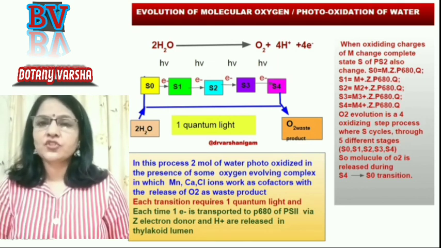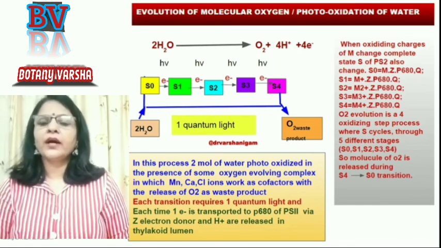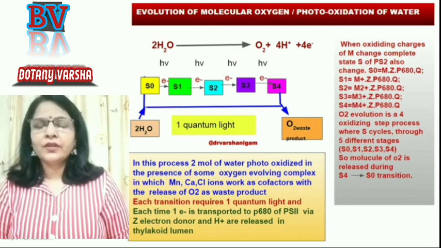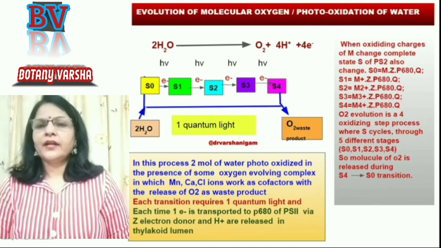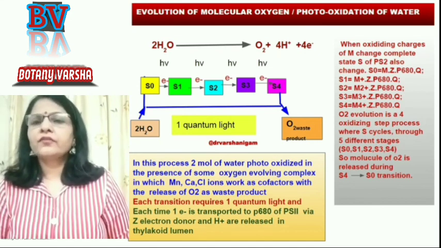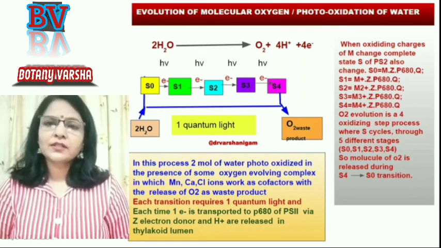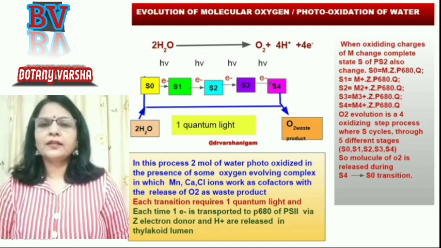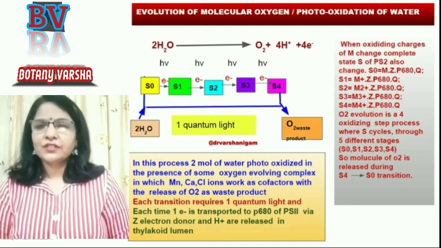In each transition one quantum of light is required and one electron is released, which is transported to P680, the reaction center of pigment system 2, which was photooxidized and comes back to its ground state by taking these electrons. So this is photooxidation of water.